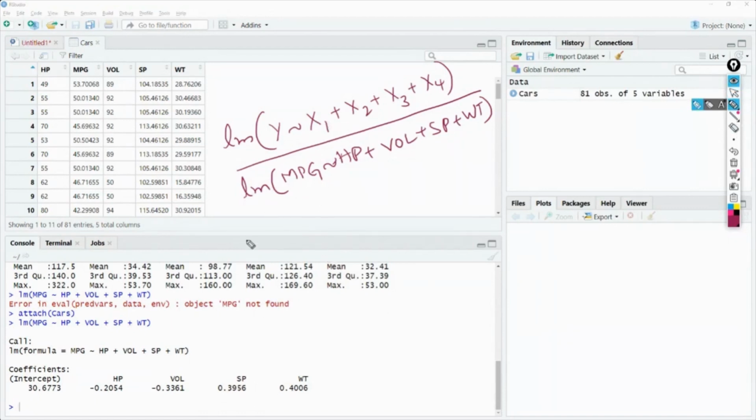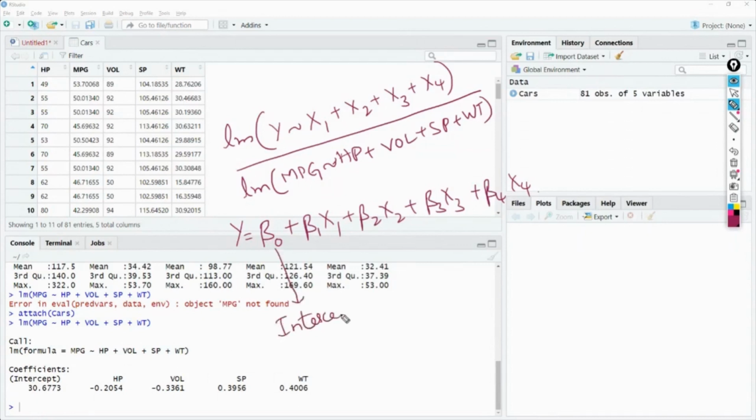How do you write the equation? Y is equal to beta naught plus beta 1 x1 plus beta 2 x2 plus beta 3 x3 plus beta 4 x4. This beta naught value is called the intercept value.